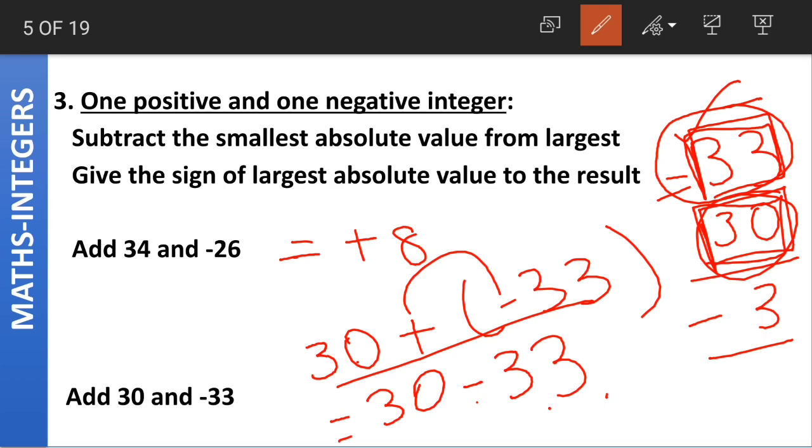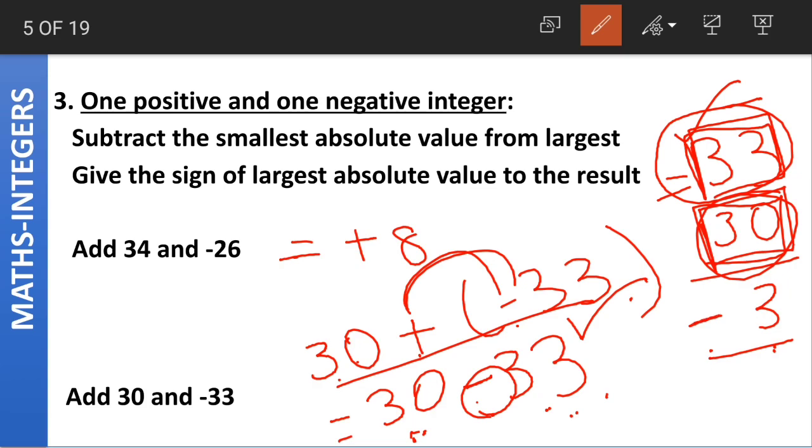Understood? What did we do here? We wrote 30 plus of minus 33. Plus into minus gives us minus. 30 minus 33. When we subtracted 30 from 33, we got the answer as 3. Now coming to the sign, among 30 and 33, 33 has the larger absolute value and it has the negative sign.